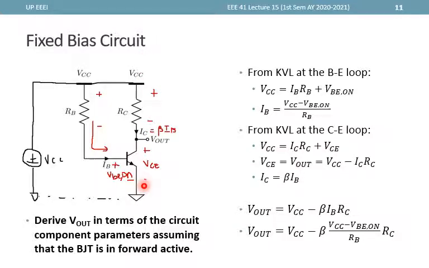And then we can also choose RB and RC to control the currents in the circuit. Another thing, we can also design V out such that we ensure that it is in the forward active region. So this V out must be greater than VCE sat.